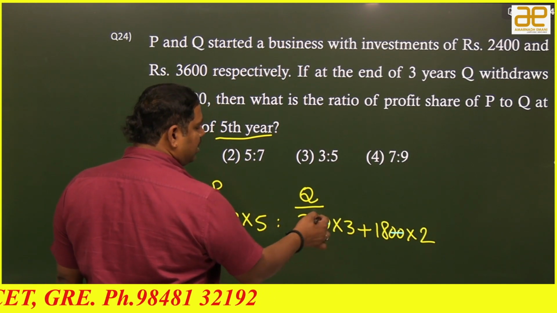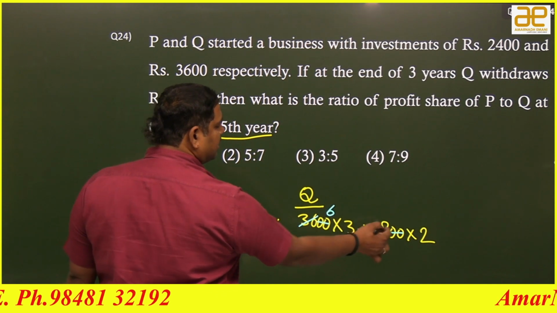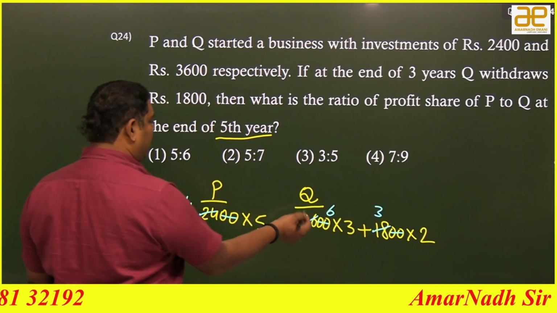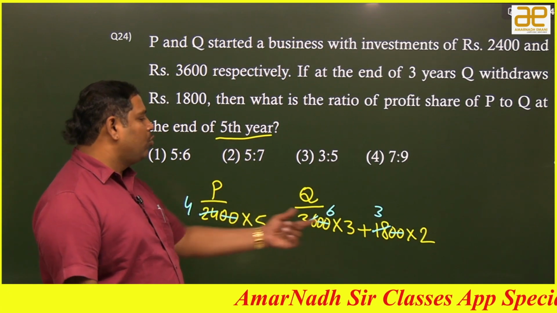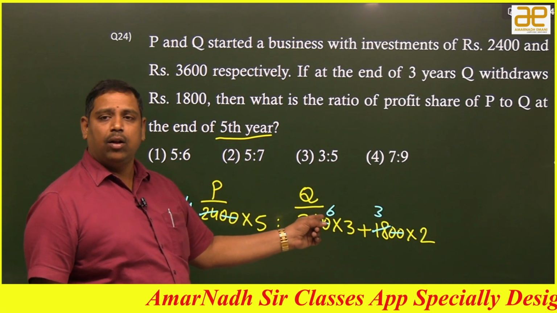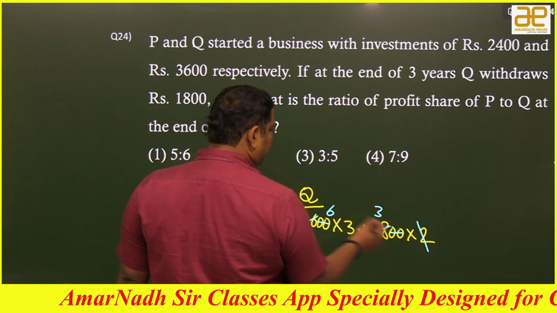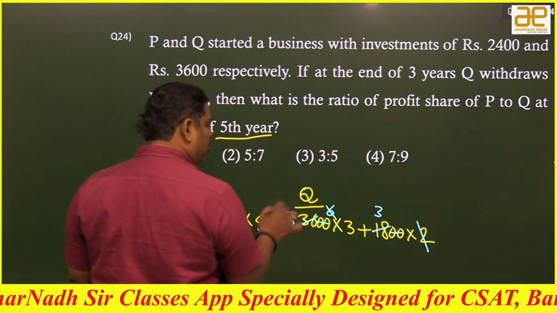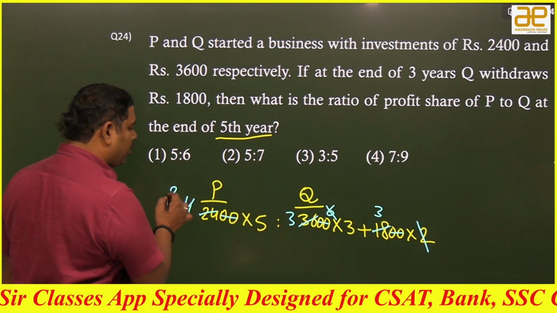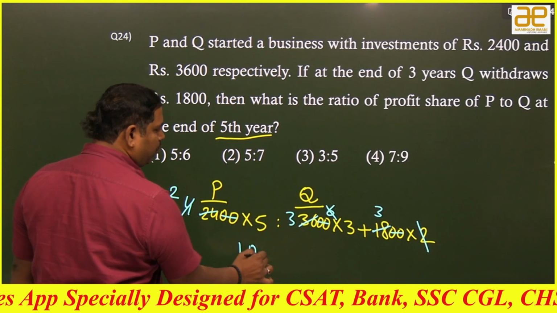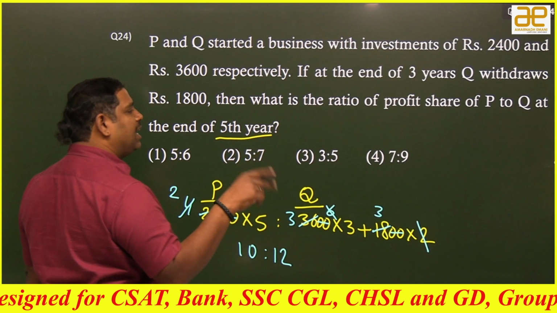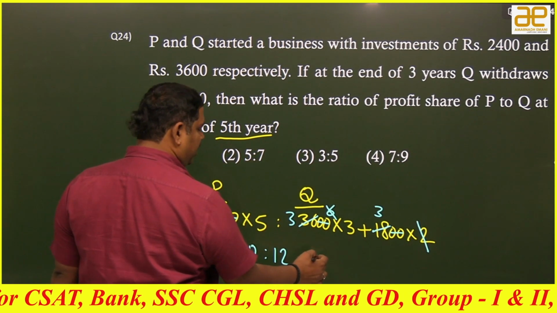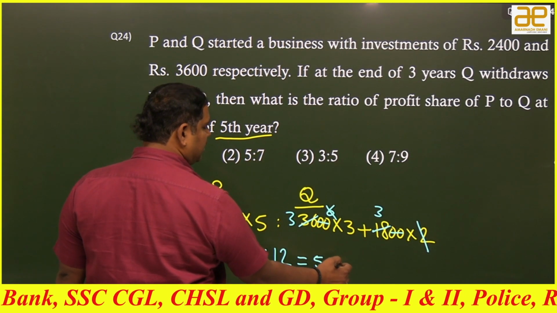Take 6 common. 6 means 6 sixes, 6 means 6 threes. If I take 6 common, that 6 is cancelled here. Still in these two I can take 2 common, right? Right or wrong? I am taking 2 common. So 2 means it will become 3. 2 outside, that 2 cancels here. Okay, 2 5s are 10 is 2, 3 3s are 9, plus 3 is 12. So still I can cancel with the 2, right? Okay, its ratio is 5:6 is the answer.